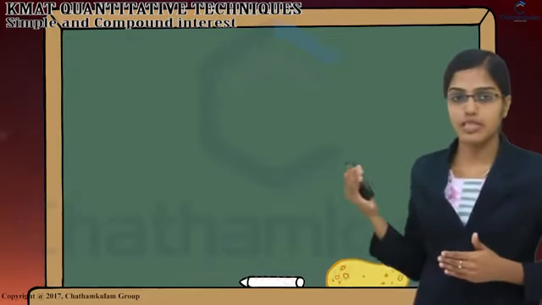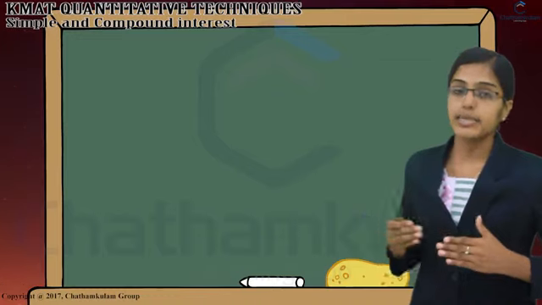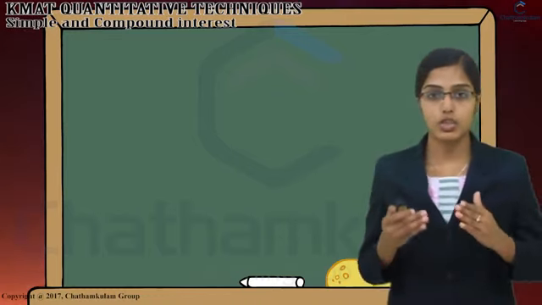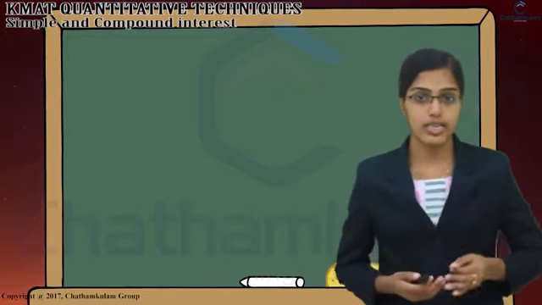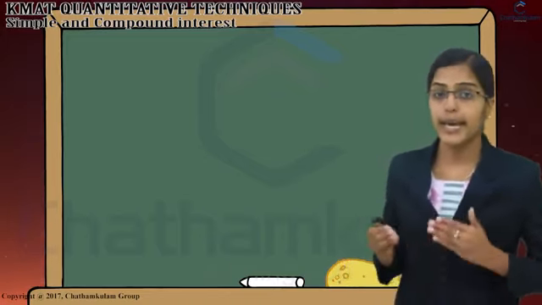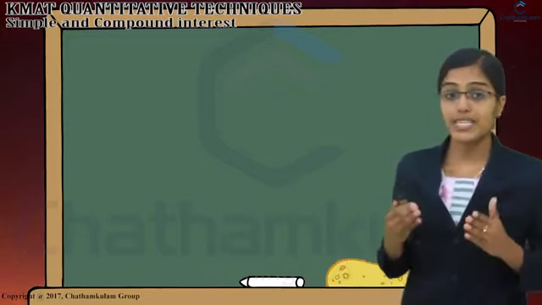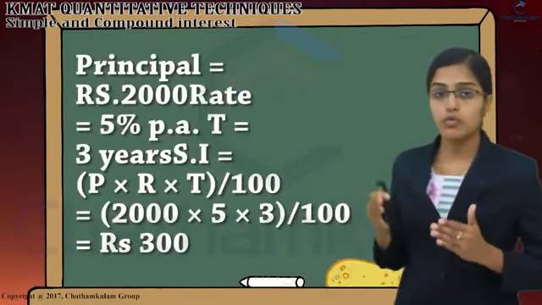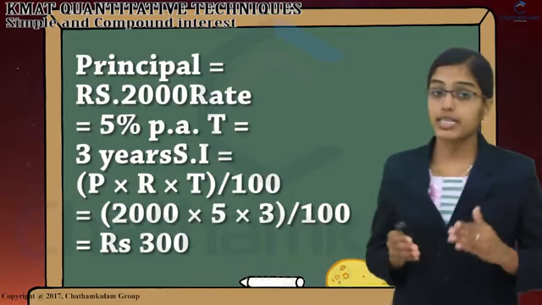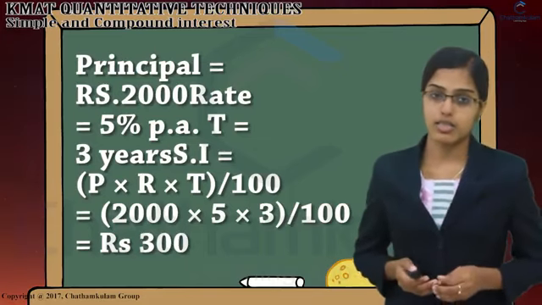Next, we have to discuss an example. Find the simple interest on rupees 2000 at 5% per annum for 3 years. Also find the amount. So, principal is equal to rupees 2000. Rate is equal to 5% per annum. T is equal to 3 years.